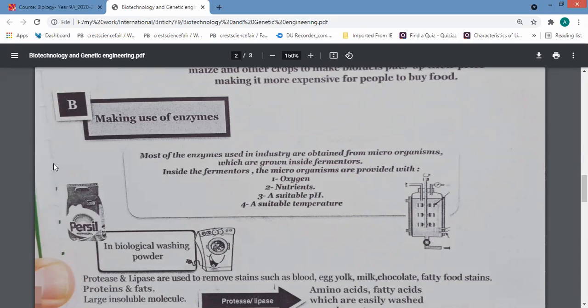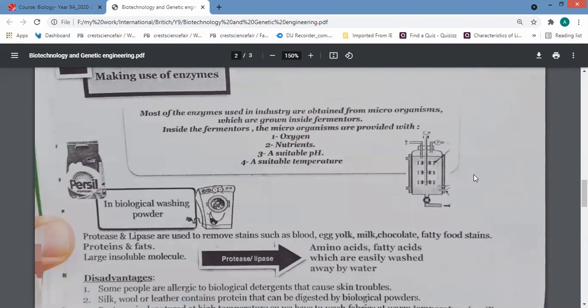In this process of making washing powder by using enzymes, the enzymes are used in making detergents. Most of these enzymes which are used in industry are extracted from or obtained from some microorganisms.